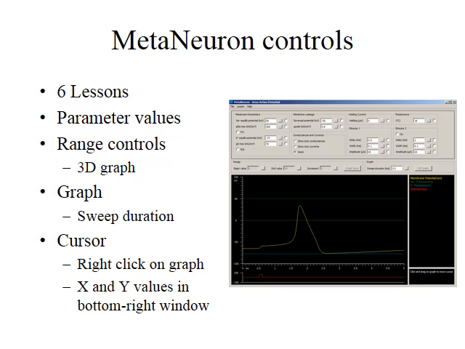I would like to take you on a quick tour of the MetaNeuron display so you know how to interact with the program. There are 6 different lessons built into MetaNeuron that illustrate different aspects of the properties of neurons.